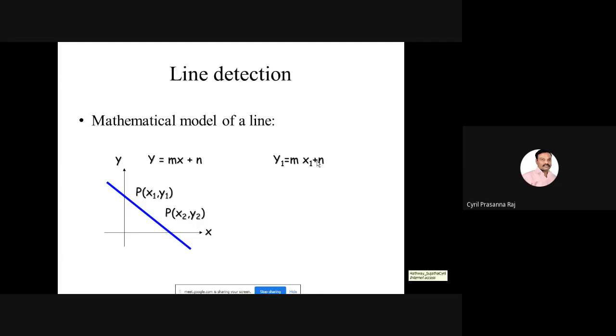Similarly, another point on the straight line can also be expressed this way. Since in both points m and n remain the same, all of these points represent a straight line.